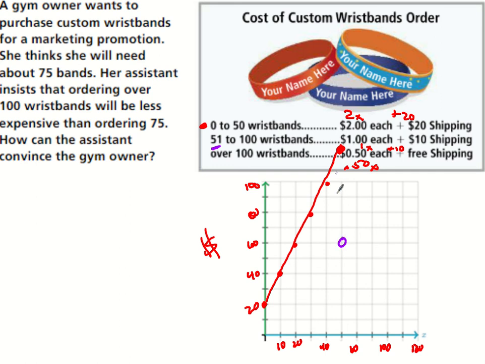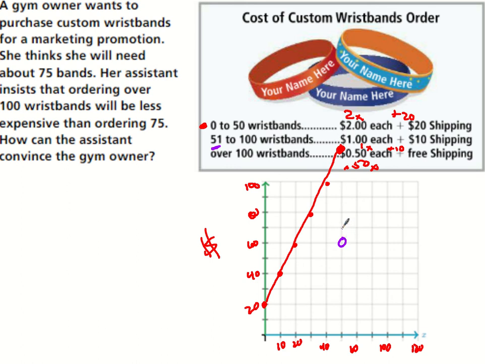Open circle because I can't include these. Okay, and then everything more than 51 or 50, so 50 was at 60 because 50 at $1 each plus the $10 shipping is $60. But I'm putting an open circle there because we're not really looking for 50, we're looking for 51. So this isn't included, but everything further to the right will.